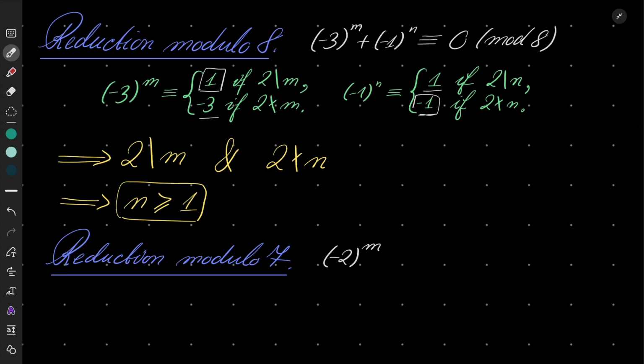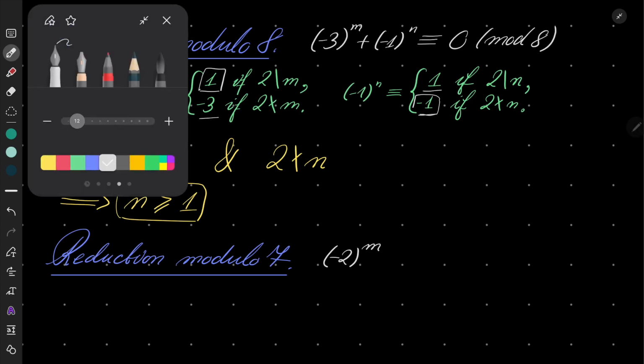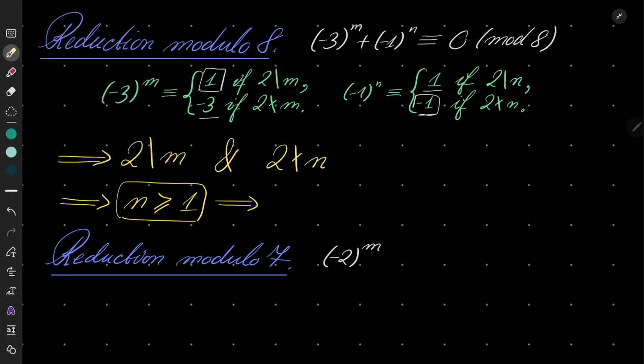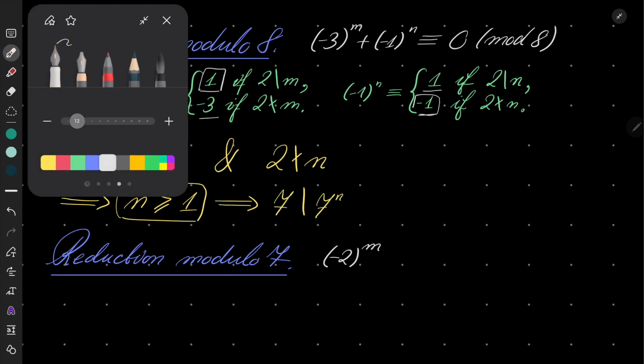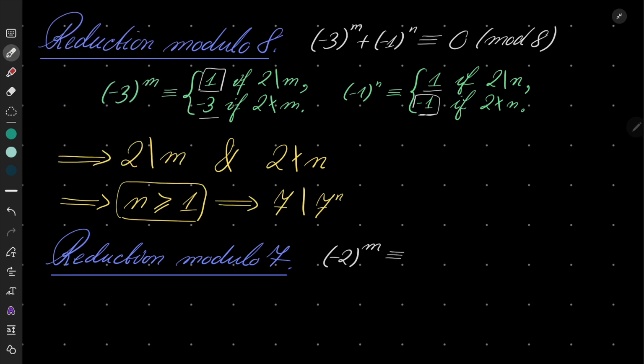It's congruent to 0. Why? Because n is greater than or equal to 1. That implies that 7 does divide 7 to the power of n. And the right hand side is congruent to k cubed modulo 7.